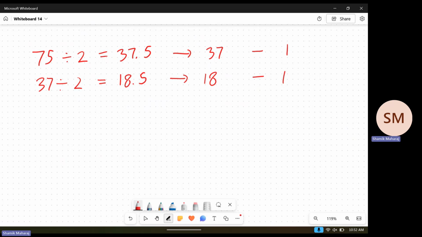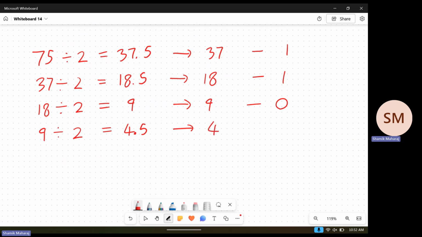Now we use our number 18, divide that by 2, the answer is 9. There's no remainder here, so we write that as 9 with no remainder. So we just keep on doing this. Now 9 divided by 2, 4.5, which is going to be, you guessed it, 4 remainder 1.